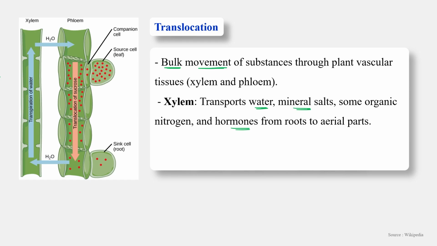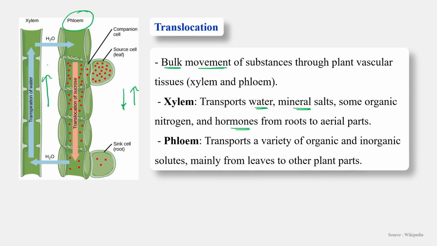So water movement occurs in only one direction, while food movement is in both directions, two-way movement for phloem. Phloem transports a variety of organic and inorganic solutes, mainly from leaf to other parts of the plant.